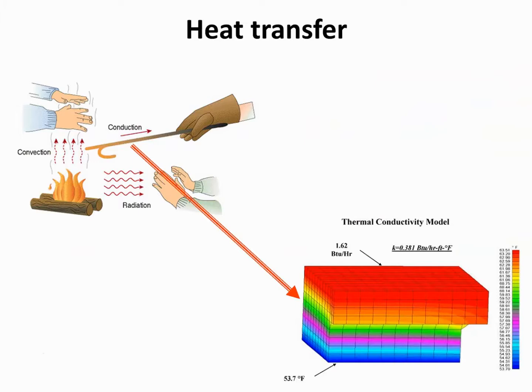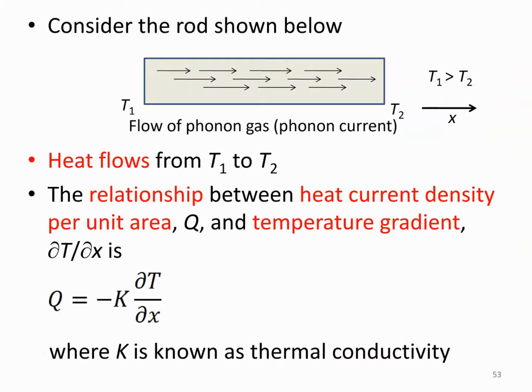Okay, so let's say I have one material here. When I heat the end of the material, the heat will transfer from the end to my hand. Okay, so this is the heat transfer. So consider the rod shown below.